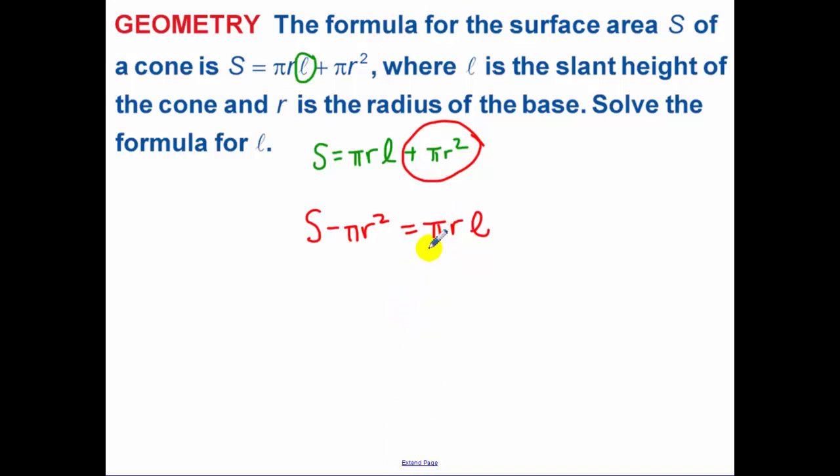Now, since pi and r are being multiplied to L, I need to divide by those so that I finally get my slant height L equal to s minus pi r squared over pi r.